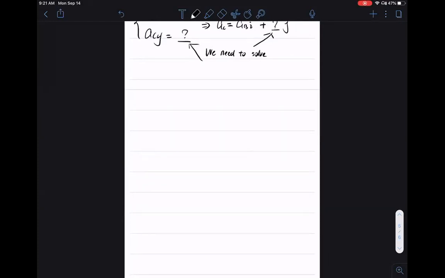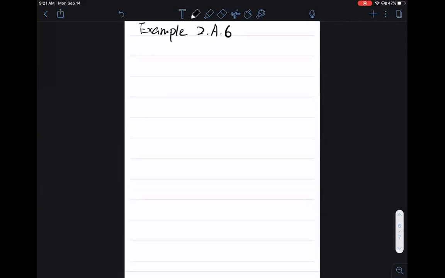If you have the textbook, it's textbook example 2A6. Okay, Josh, do you mind reading this for us?